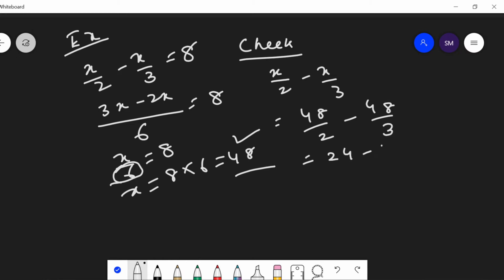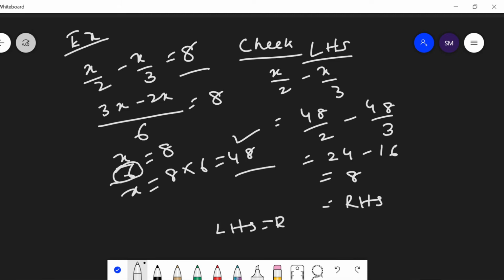This is 24 minus 16, which is equal to 8. Yes, we get the RHS. Here we take the LHS and we get the RHS. This means LHS is equal to RHS. Hence checked.